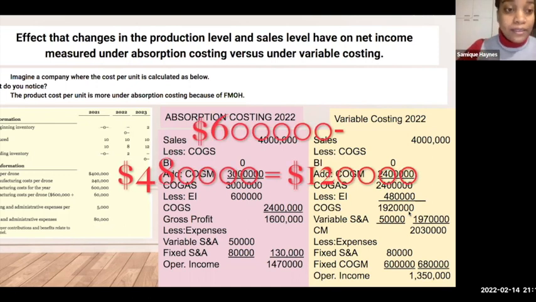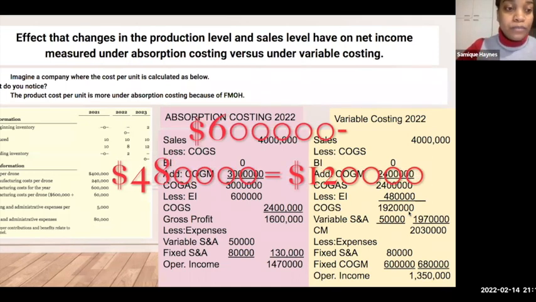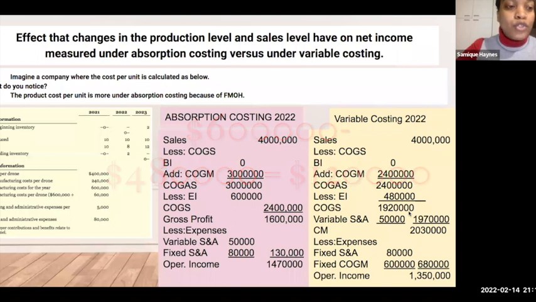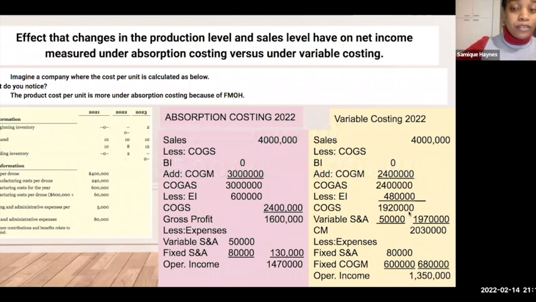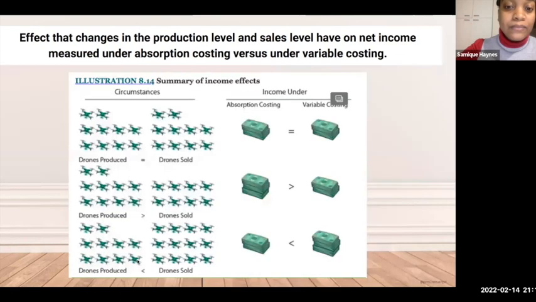That is why when there's ending inventory, the operating income on the absorption costing will be more, because we're pushing some of our costs to the next period. Variable costing says, no, our fixed manufacturing overhead, we're going to expense it right now. Does that make sense? And then there's this table here that really just summarizes that.